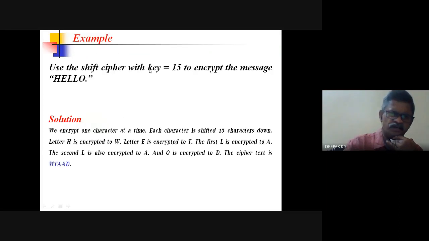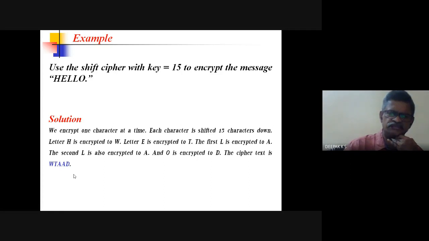Say you have a key of 15: H, shifted alphabetically by 15, gives W. E gives I, and after reaching the end you reset and take it to A. You shift 15 characters down, down meaning towards Z. And while decrypting, you do it in reverse, upwards.